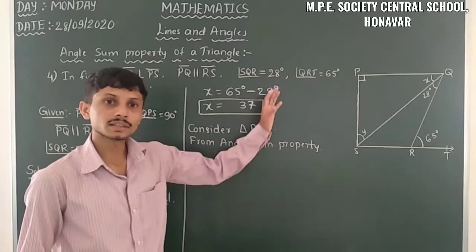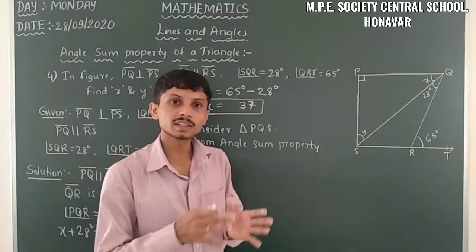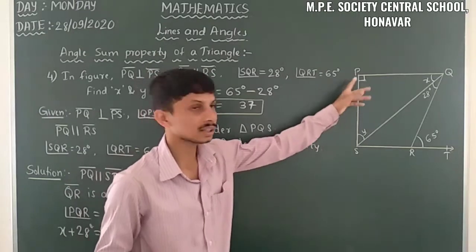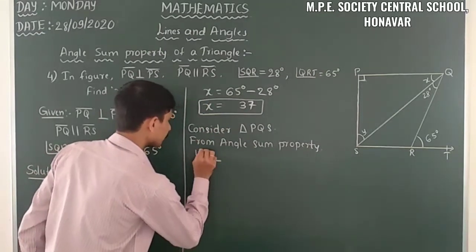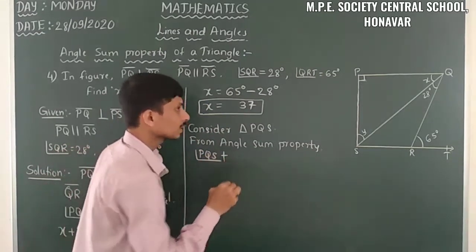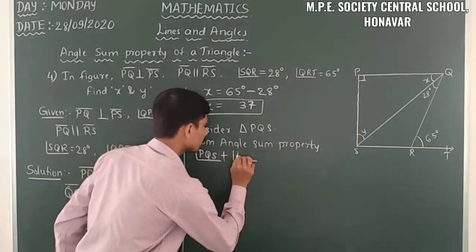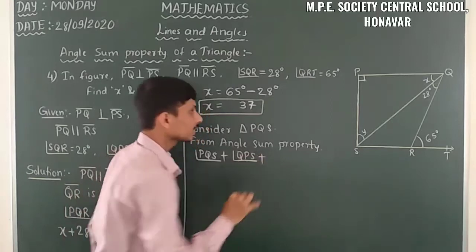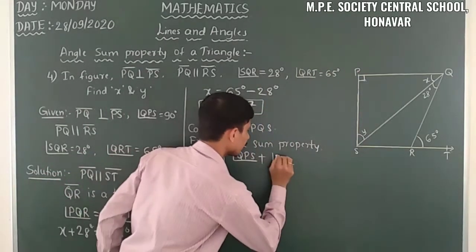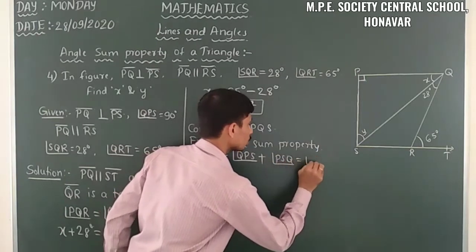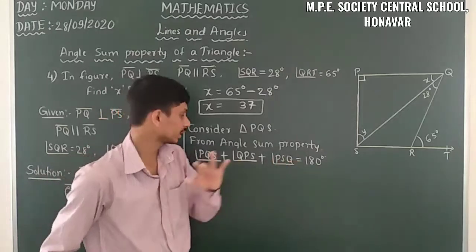according to the angle sum property, the sum of interior angles of a triangle is 180 degrees. What are the interior angles here? Firstly angle PQS plus angle QPS plus angle PSQ is equal to 180 degrees.